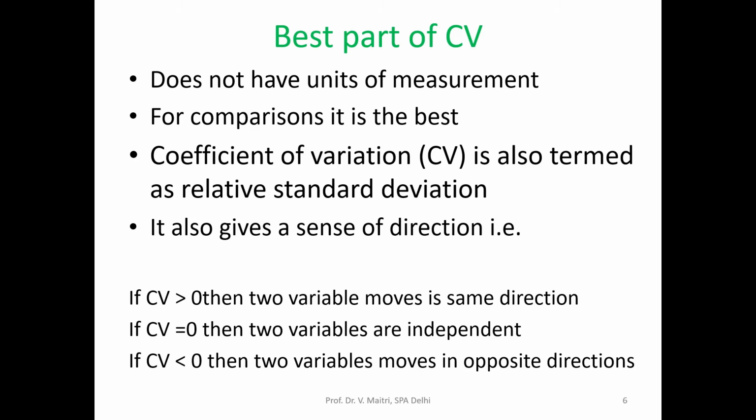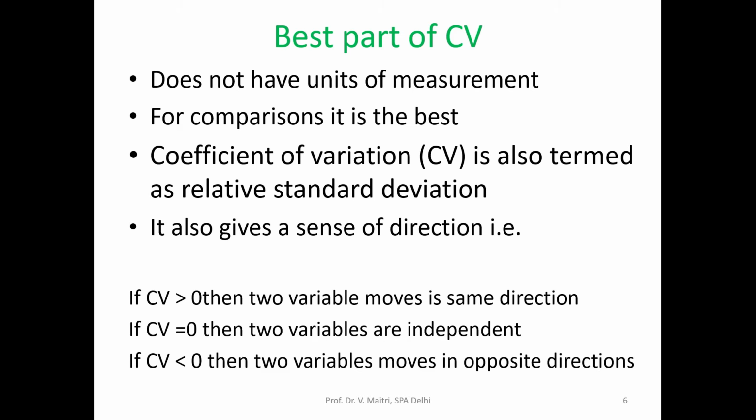The best part of coefficient of variation is that it does not have any units of measurement. That's how we are able to compare dollars with rupees. For comparison purposes, the coefficient of variation is one of the best we can use, and we can also term it the relative standard deviation.